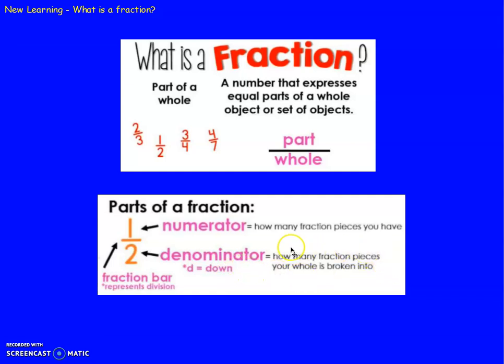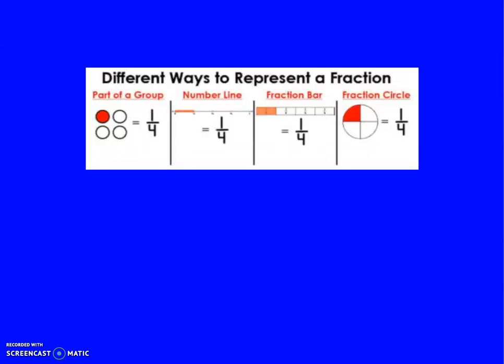Okay, so this is the whole fraction that you could have shaded in from your shape. So we're going to look at different ways to represent a fraction today. Yesterday we had a look at shading in. So here we can see that we've got 4 circles. They're all equal size and one of them is shaded in. So 1 out of 4 is shaded in, or 1/4. Another way to represent that is on a number line.